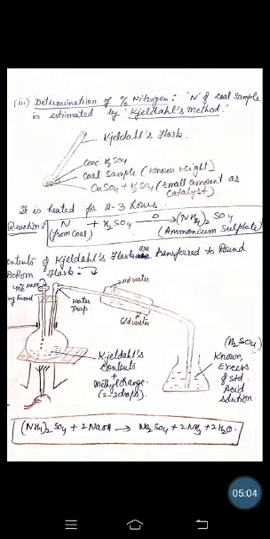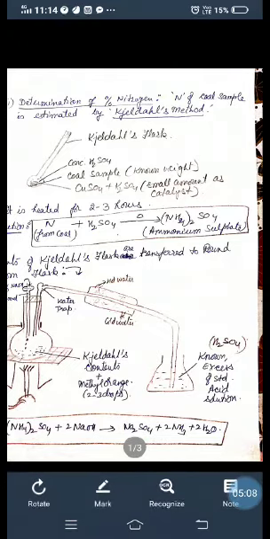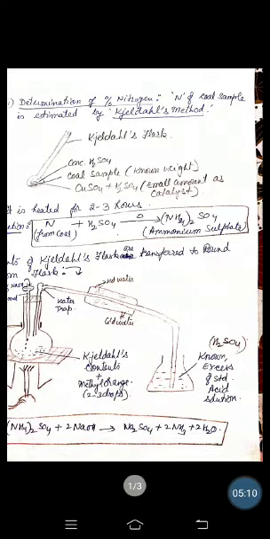This conical flask contains H2SO4 solution whose volume is known, and we have taken it in known excess of standard acid solution. By known, we mean we know how much volume we have taken.